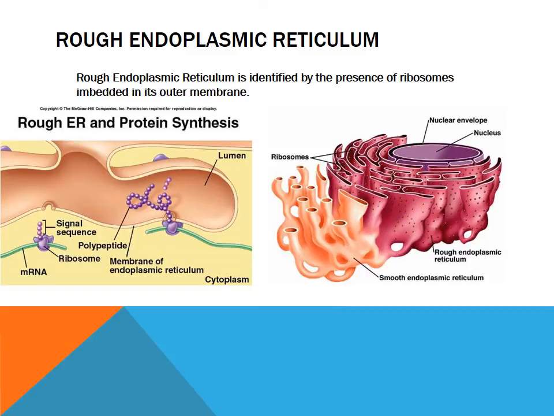The RNA begins to be read and translated into a polypeptide that's fed into the endoplasmic reticulum. So now we have polypeptides in the endoplasmic reticulum. This is our first step in building a protein, right? We got our polypeptide.